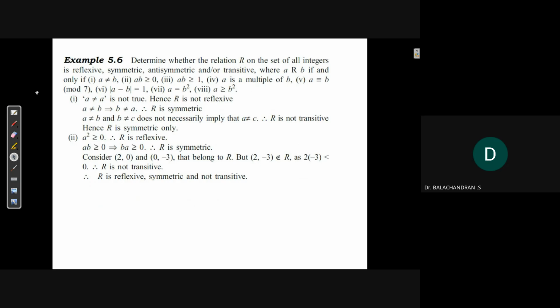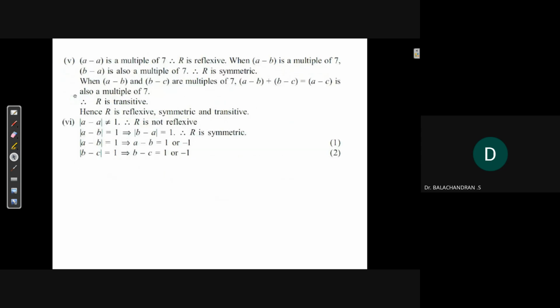Fifth one. a is congruent to b mod 7. So already I proved a is congruent to b mod m in general, or x is congruent to y mod m. So this is a particular case of that problem. For this I should prove a is congruent to a.